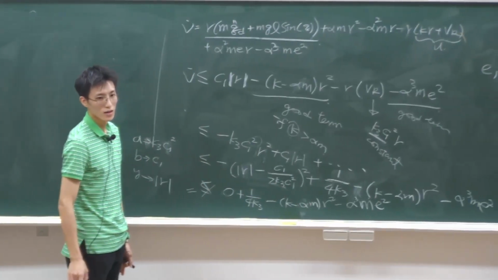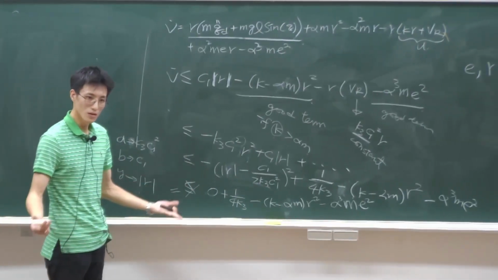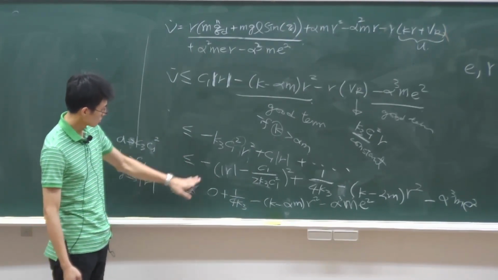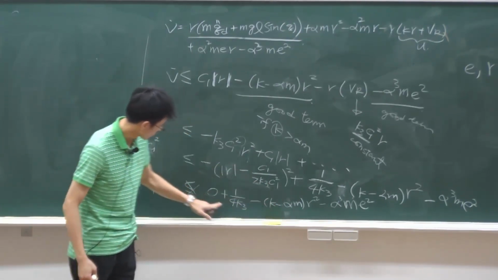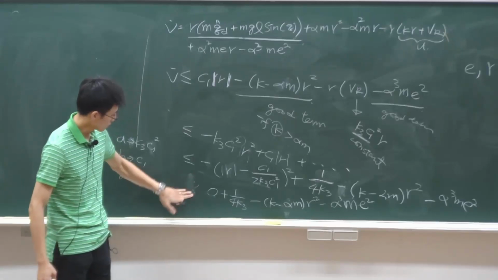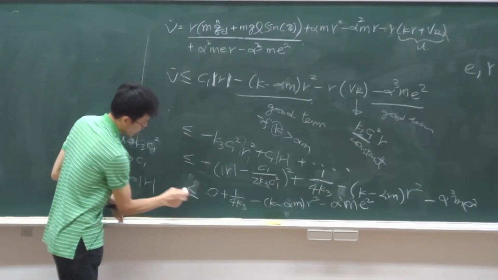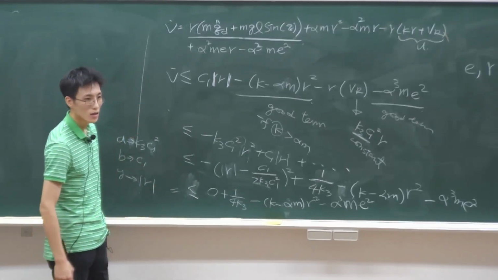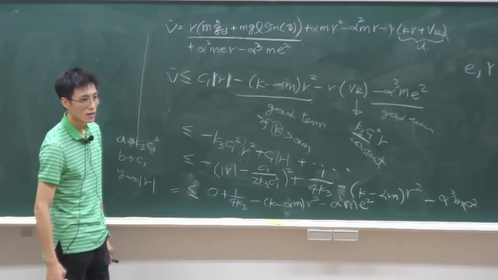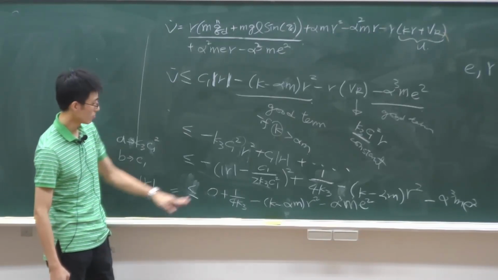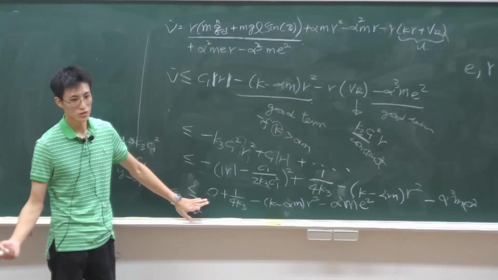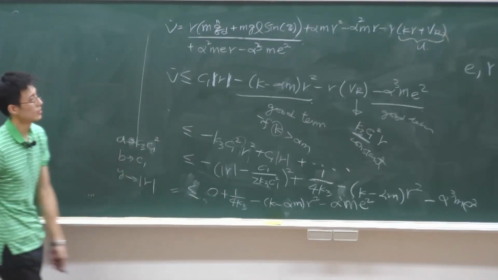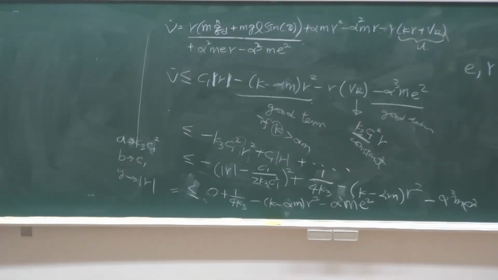Yes, zero can upper bound anything negative. Since this is not an equal sign but an upper bound, this is fine, right? And you can drop it, you don't need to write it. So they become that.